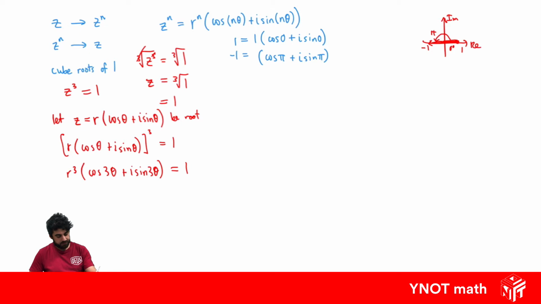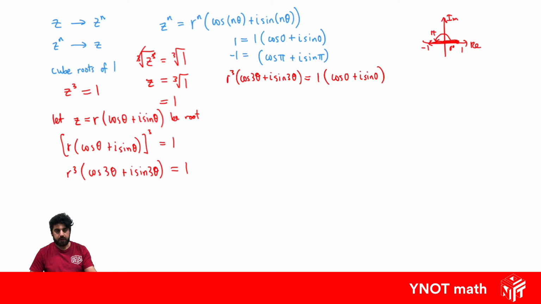So we're going to get r cubed outside of cos 3 theta plus i sine 3 theta equals 1, which we now know we can write as 1 outside of cos 0 plus i sine 0.